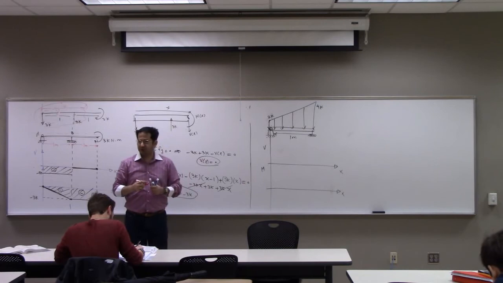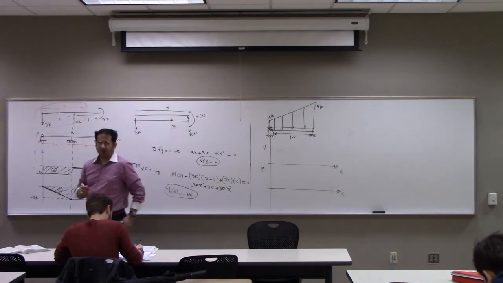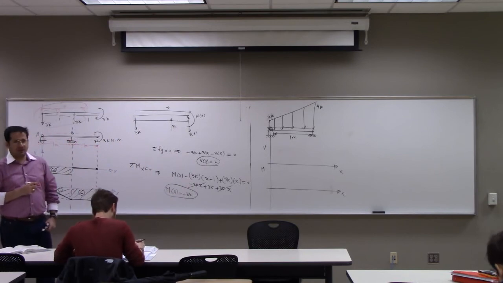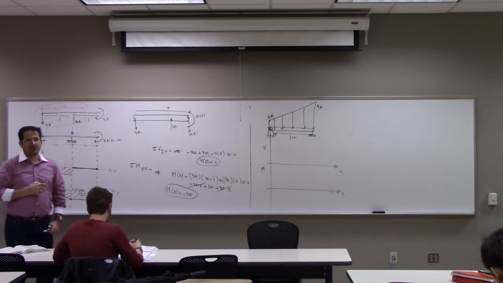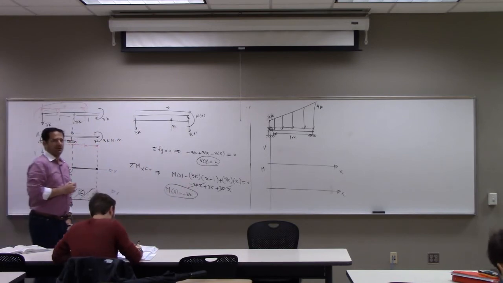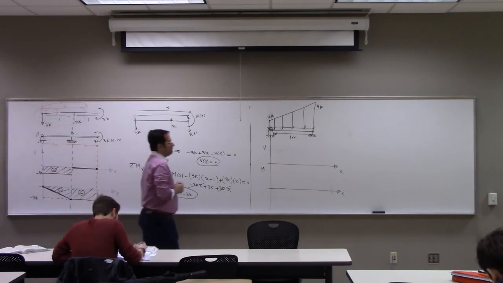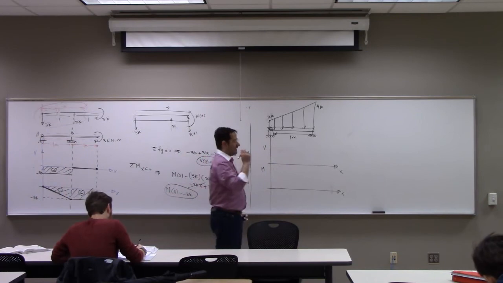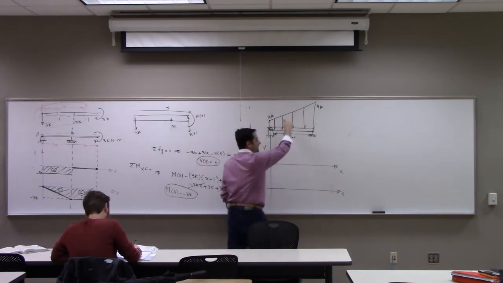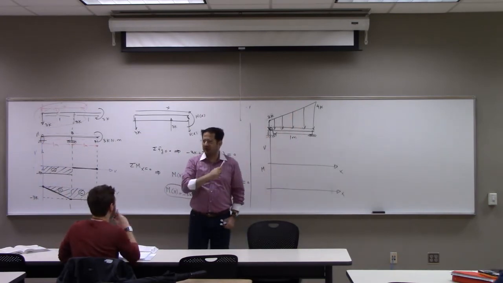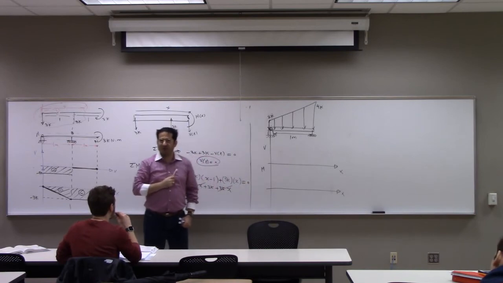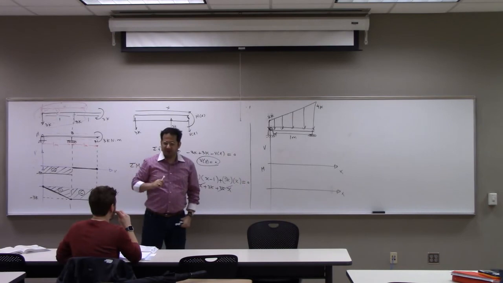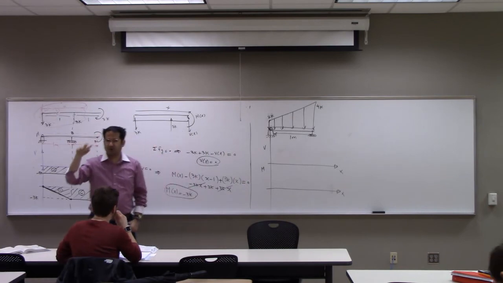Well, what should I do? Before we start, I'm going to find the external reactions, and things like that. And then before you actually do that, you say, in the step where I need to replace the load with a single load, where is the centroid for a trapezoid? I know the centroid for a rectangle, and I know it for a triangle.